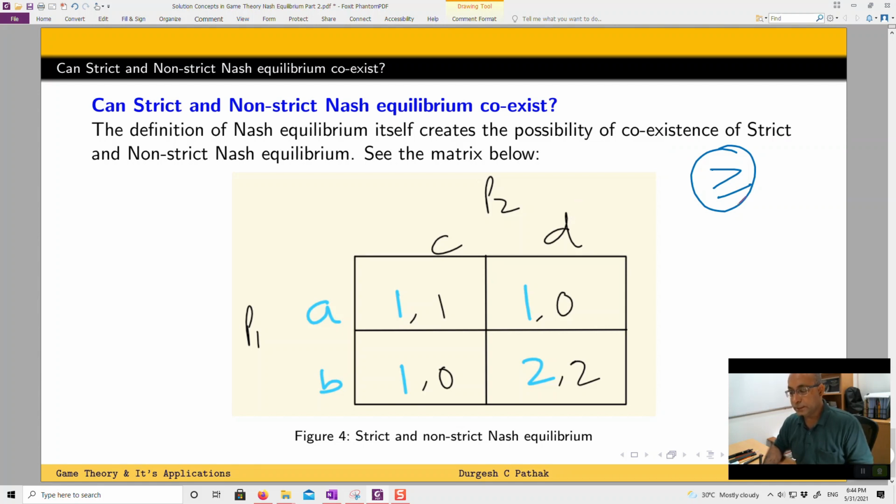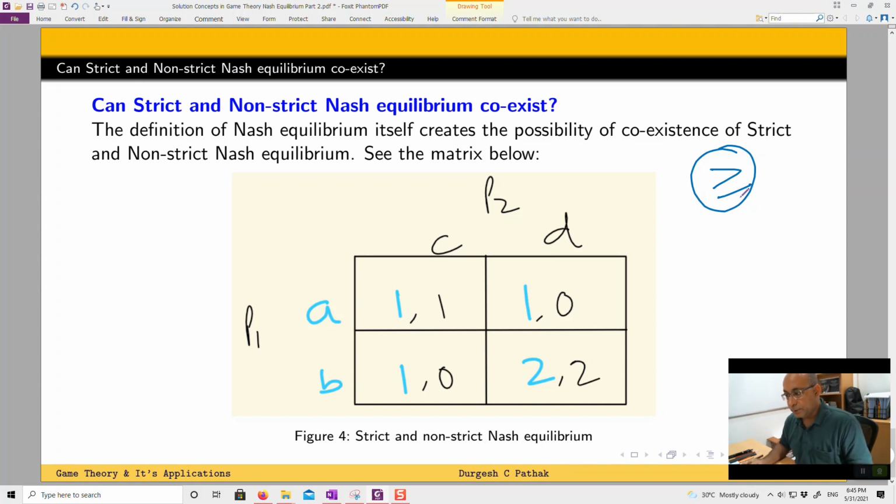When we have greater than or equal to, that brings in the possibility of non-strict Nash equilibria also, where the players are indifferent between their equilibrium action and any other action, ceteris paribus. Whenever I say ceteris paribus, this means keeping everything else constant, that is, every other player plays their equilibrium action. This also gives us the possibility that both strict and non-strict Nash equilibria can coexist.